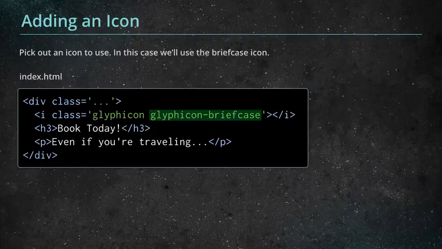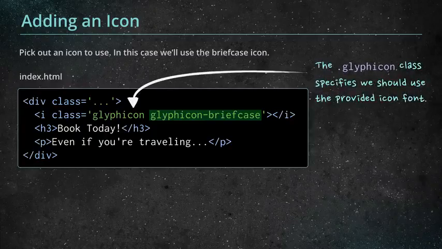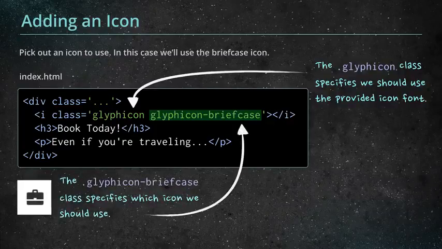This is a pattern you'll see very often in Bootstrap, applying two classes to accomplish a single task. This helps keep the Bootstrap CSS file much smaller. In this case, the Glyphicon class is what's setting the font family we'll use, while the Glyphicon briefcase class is actually specifying which icon we can use.